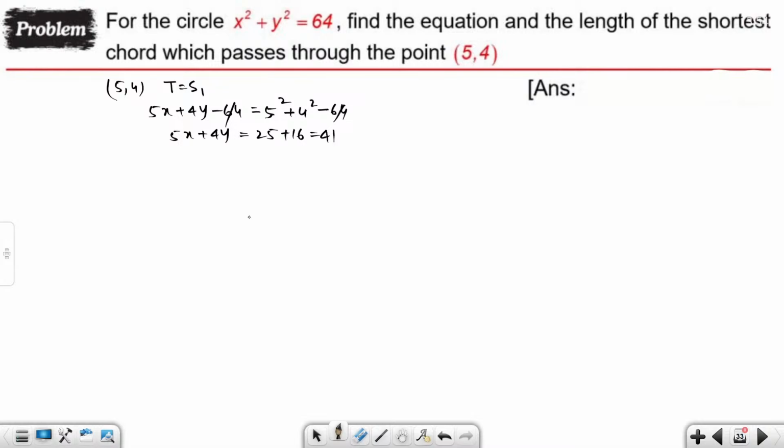Therefore, the equation of that chord, which chord? The shortest chord. The equation is 5x plus 4y equals 41, okay?